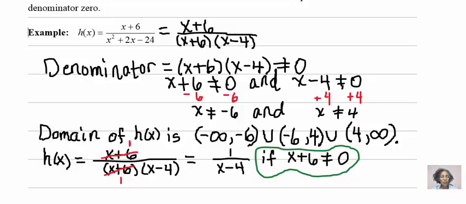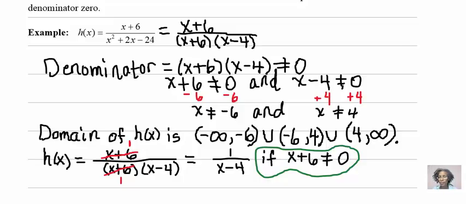Now I want to point out that what this is telling me is h, which was x plus 6 over x plus 6 times x minus 4, is the same as 1 over x minus 4 everywhere except where x plus 6 is 0. That's the only place where these two functions differ.